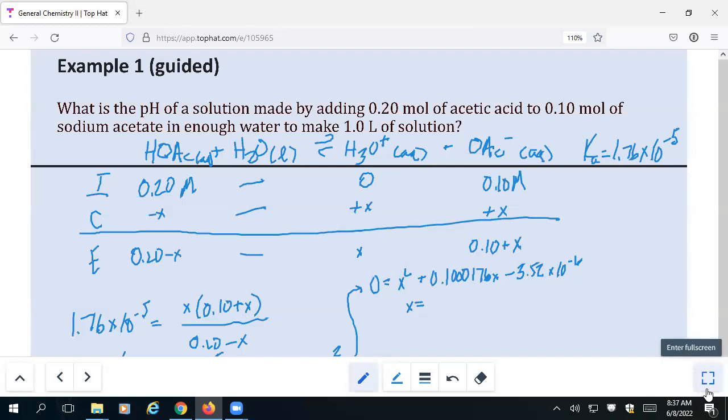So we're gonna have to pull out one of our favorite equation solving tools here.